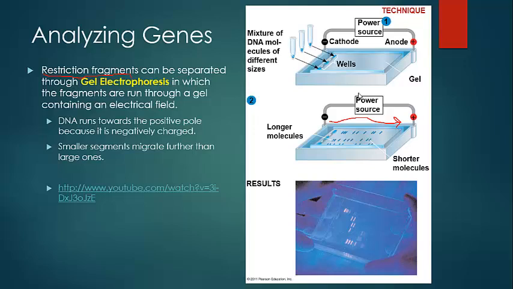So when we turn off the power source, the shorter fragments of DNA will have traveled very far, and the longer or larger fragments of DNA have traveled a much shorter distance. You can see here that this process of gel electrophoresis is going to separate out all of our DNA fragments based upon their size. Once this has been done, we could then analyze those specific fragments of DNA.